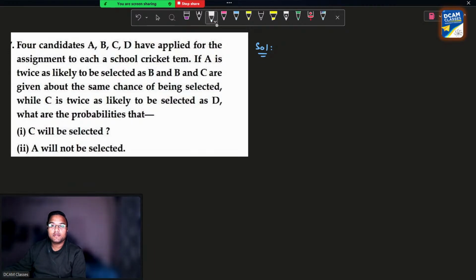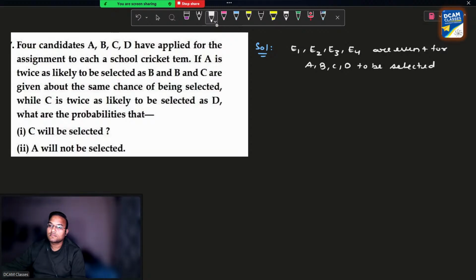Four candidates have applied for selection to a school cricket team. Suppose E1, E2, E3, E4 are the events where A, B, C, and D are selected. Now what is given?